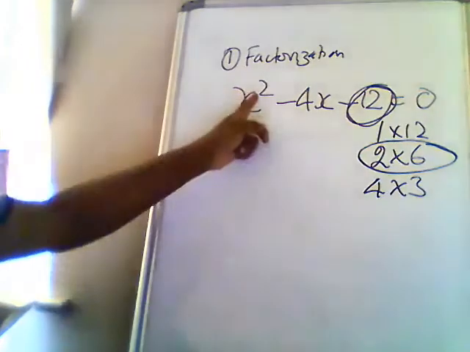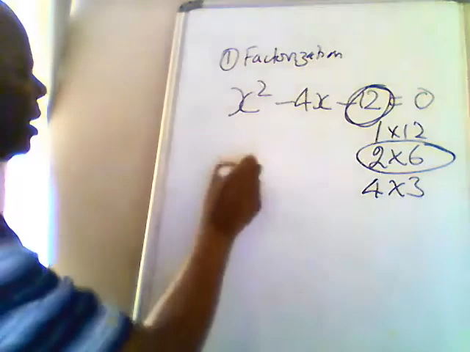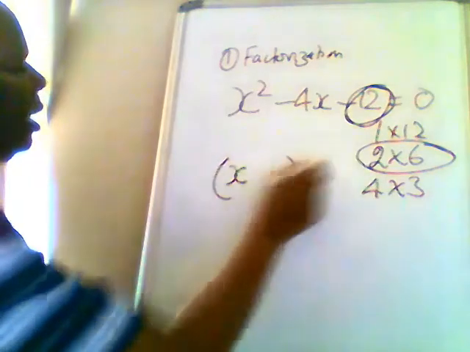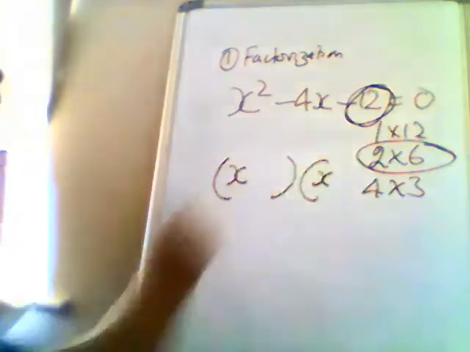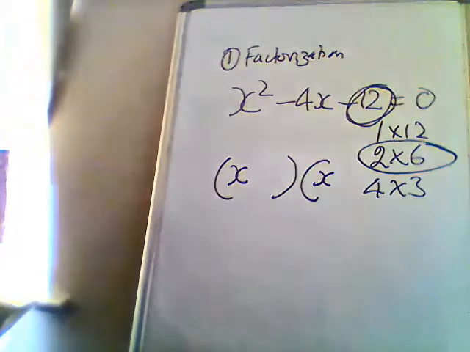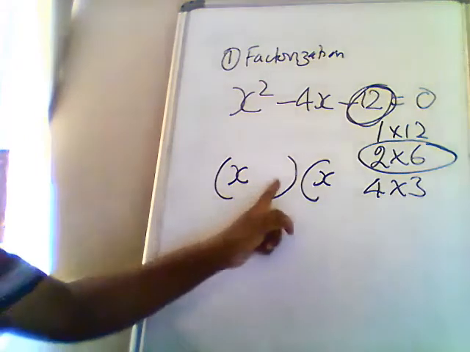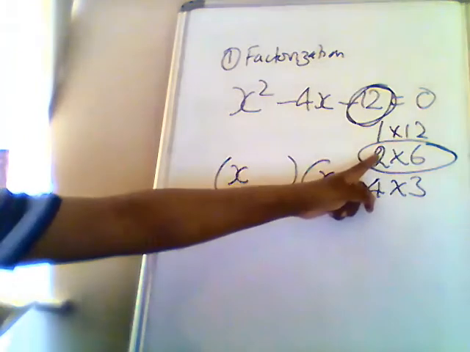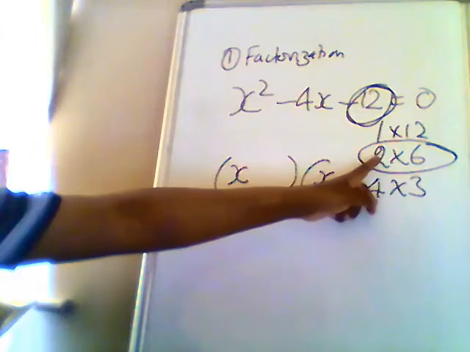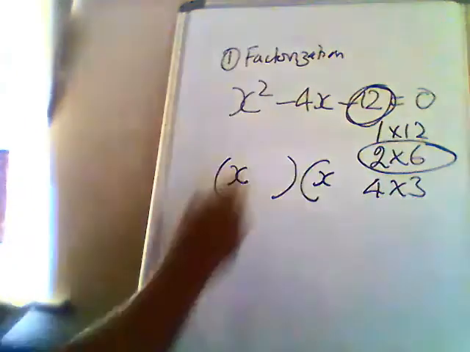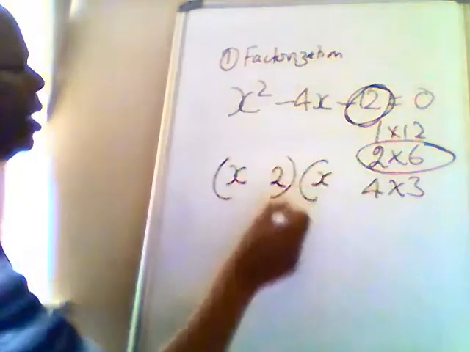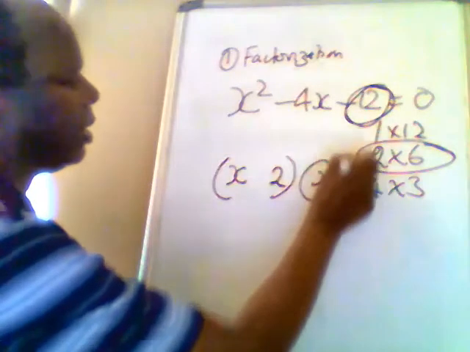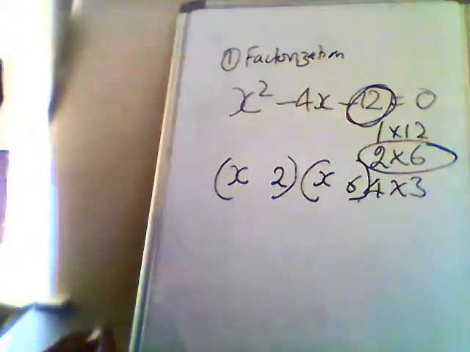We know that x squared is going to be x in a bracket, multiplied by another x. So x times x is going to give me x squared. But now what do I need to do? One is going to be 2, the other one is going to be 6.